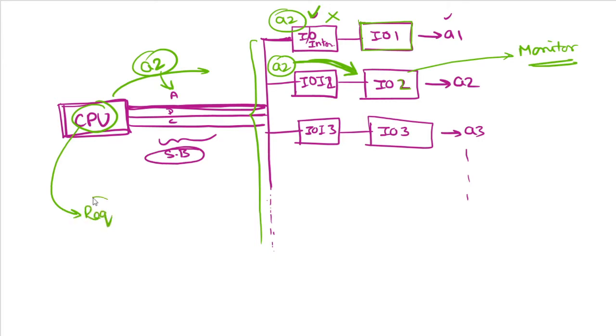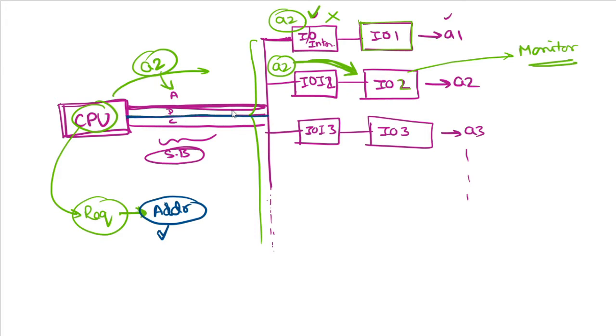Now, if CPU wants to communicate with an IO device, it sends some request, right? These requests are also similar to what we saw. It can be a read request, write request, or any type of request. But one thing that is common to all the requests is the address. It needs to specify the address of the IO device, so the address will be common to all the requests. And if CPU wants to send some data or information, it will send the information via the data line.